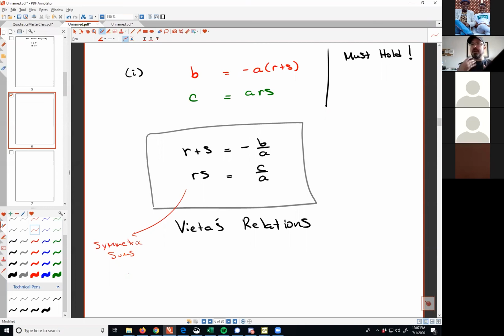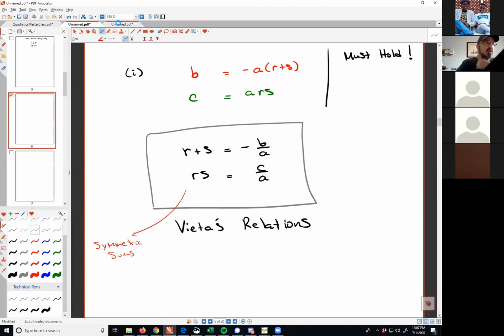There are going to be different ways to compose the elementary symmetric sums. But let's do a little bit of problem solving with these. And have all of you seen my symmetric sums video? Yes. Okay, good.